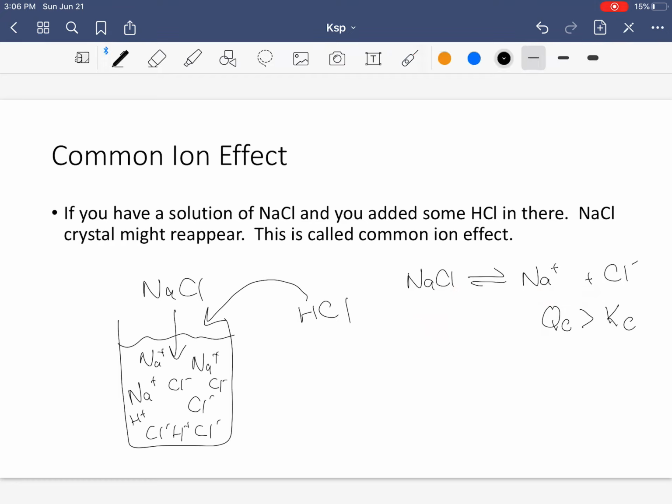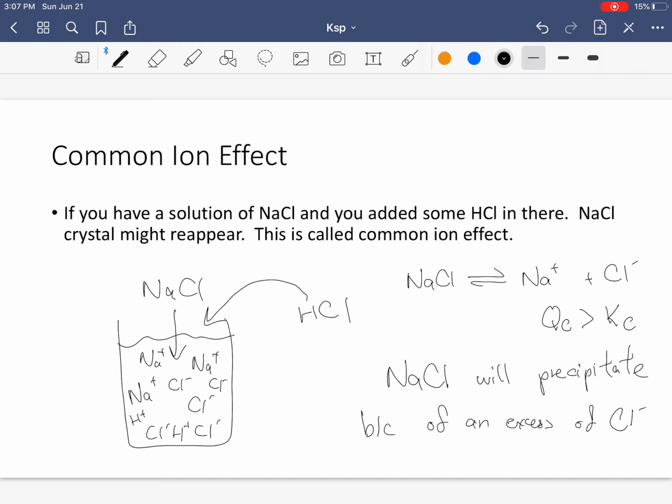What that means is that NaCl will precipitate. Okay? Because of an excess of Cl minus. Okay? So that's what common ion effect will do to your equilibrium.